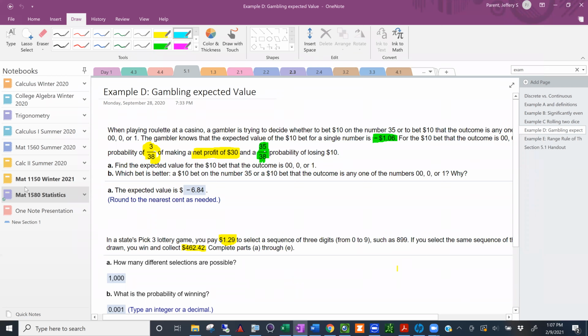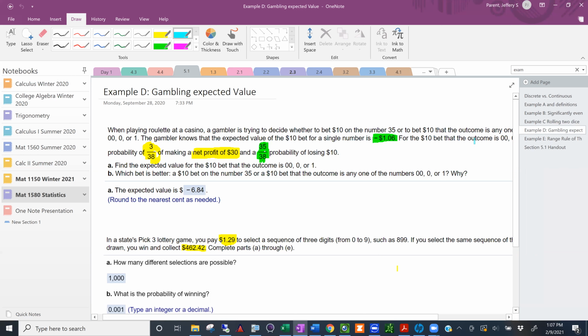When playing roulette at a casino, a gambler is trying to decide whether to bet $10 on the number 35 or to bet $10 that the outcome is any one of 00, 0, or 1. The gambler knows that the expected value of a $10 bet for a single number is negative $1.06.